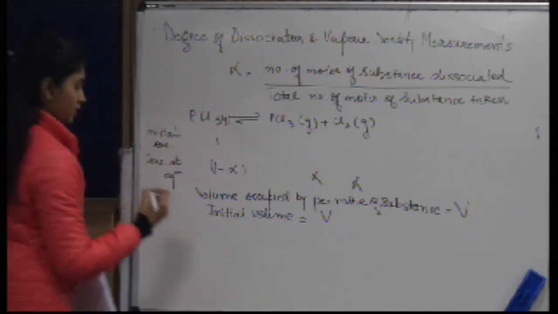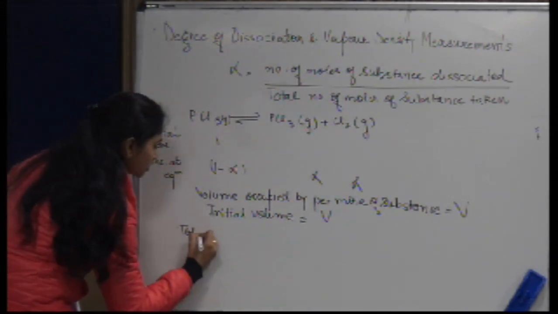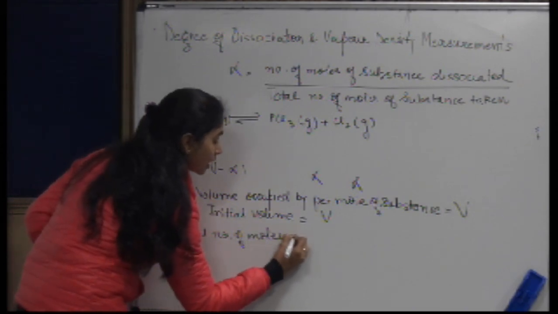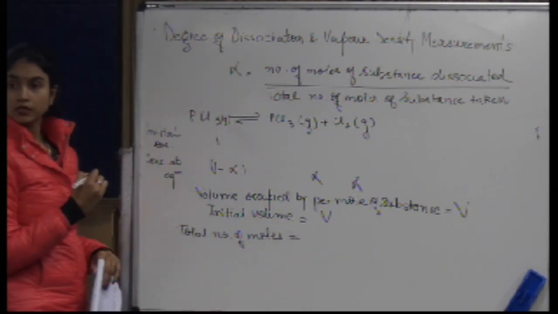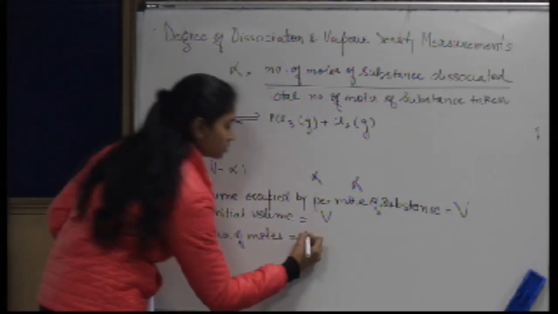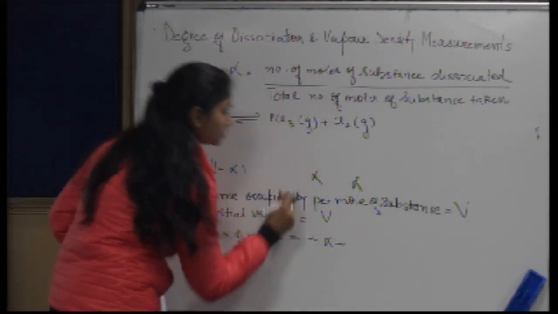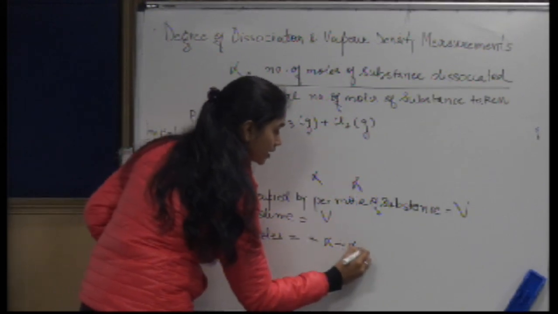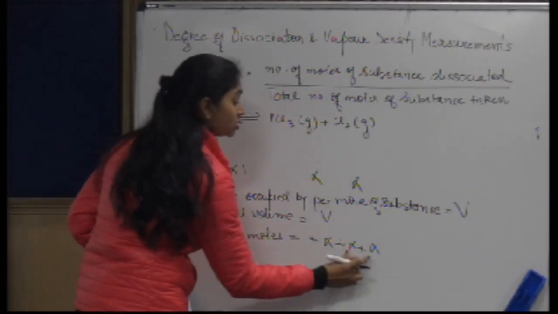Now let us calculate the total number of moles after dissociation. That would be 1 minus alpha plus alpha plus alpha. These are the total number of moles.